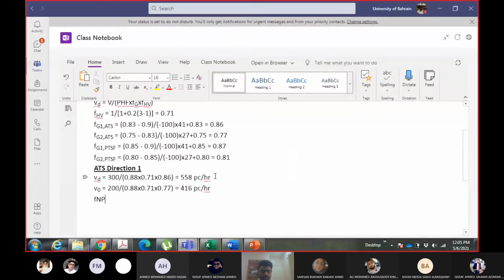So I need the factor for no passing zone. Opposing is how much? 2.3.